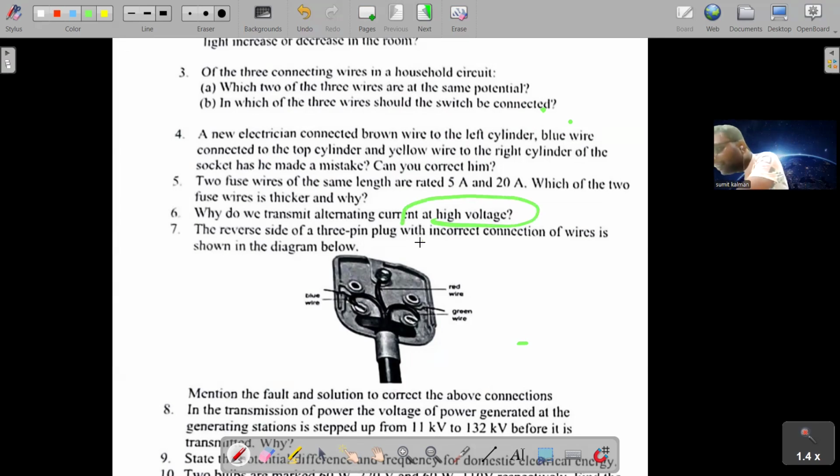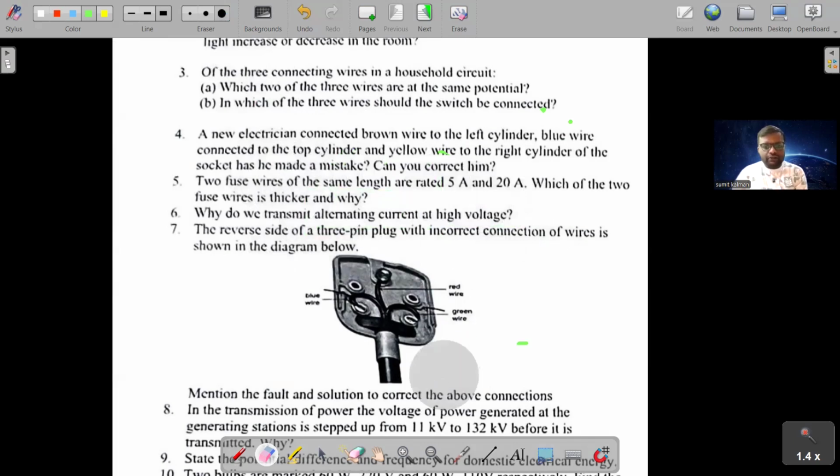The simple reason is at high voltage, current is small, and when we are transmitting alternating current, we need there should be less heating effect in the wire. So for less heating effect, what do we need? Low current we need. Is this clear? So students, for this reason we transmit alternating current at high voltage.